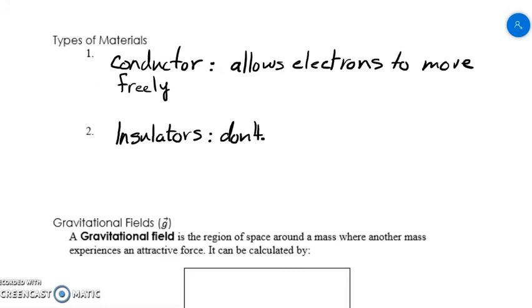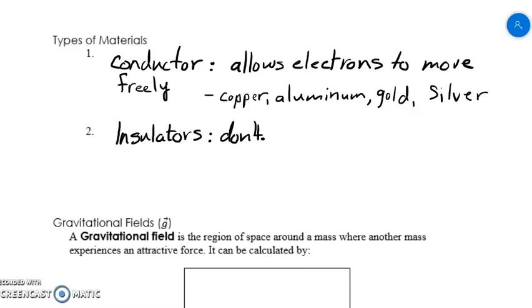Okay, so a type of conductor you might often see is copper or aluminum or gold or silver. Okay, those are all great conductors.